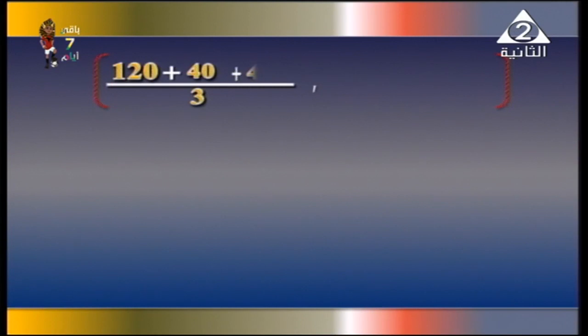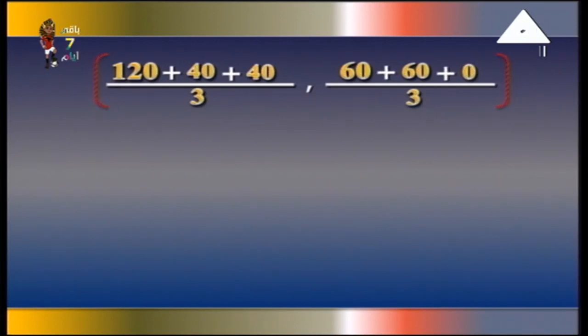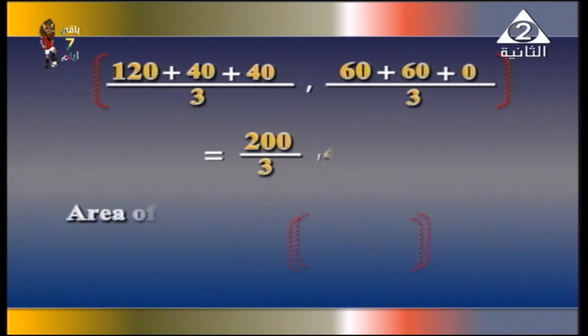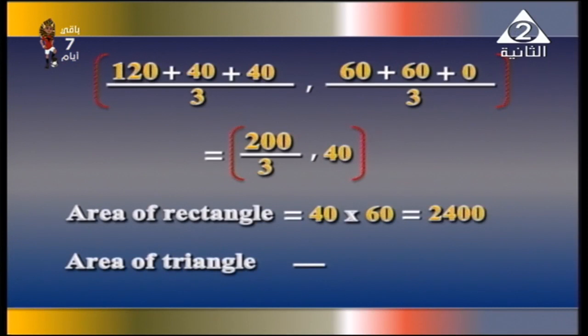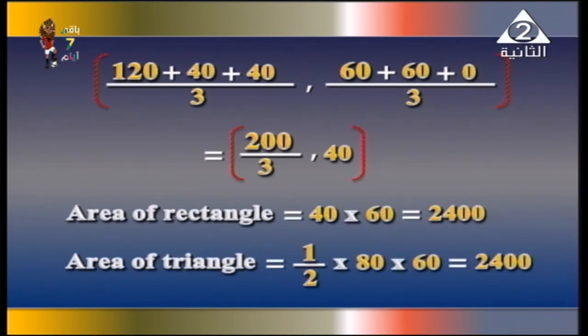The centroid equals (x1 plus x2 plus x3)/3, (y1 plus y2 plus y3)/3, which equals 200/3 and 40. What is the area of a rectangle? Length times width: 40 times 60 equals 2400. Area of a triangle is half base times height, which equals 2400.